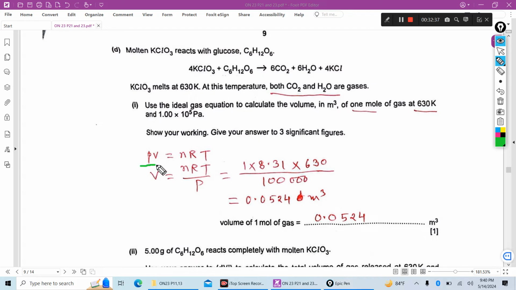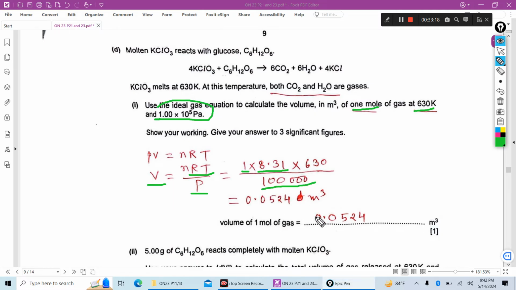So the ideal gas equation, PV equal nRT, and V equal nRT divided by P. Now n equal 1, number of mole 1 mole, R 8.31, T 630 Kelvin, and P is given 1 times 10 to the power 5.